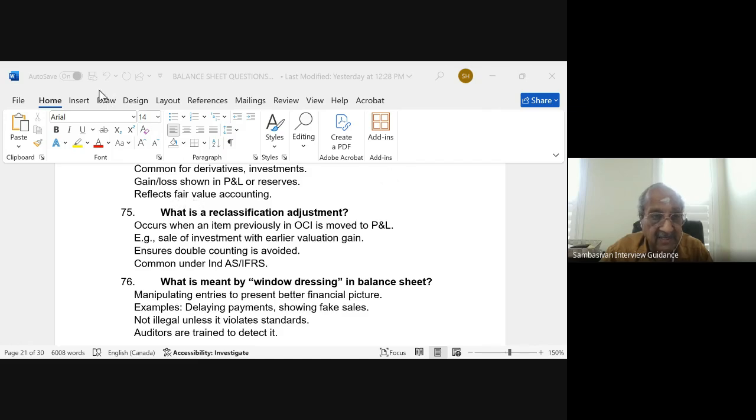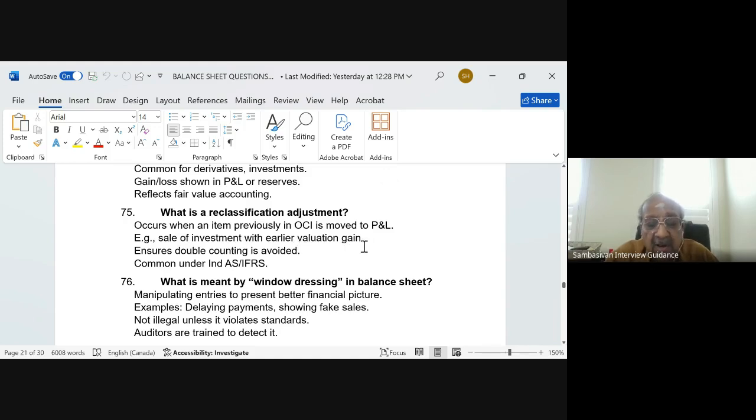OCI means overseas citizenship. That has got nothing to do with this. This question is about what is a reclassification adjustment, which occurs when an item previously in other current liability, OCL, is moved to P&L. Sale of investment with earlier valuation gain.